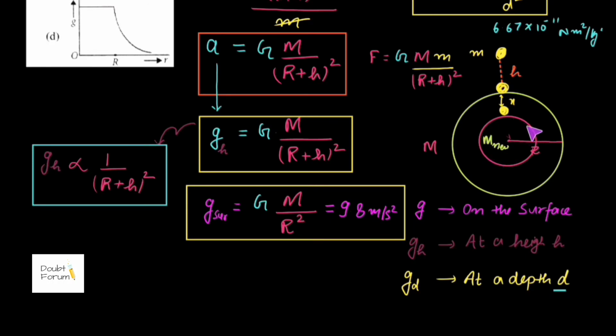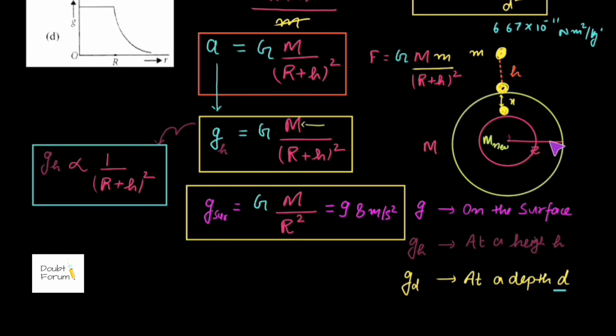We need to find out the mass of this part of Earth only, because this is the part which is contributing in the gravitational force on this object. We cannot take the value of mass M here, because as we move inside, the whole mass will not contribute in the gravitational force. So the only concept required here is to find out the new mass of the Earth for the radius equal to R minus x, because the radius of this new sphere is R minus x.